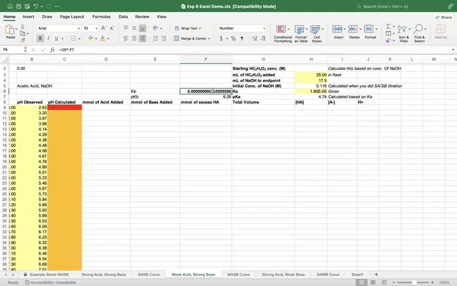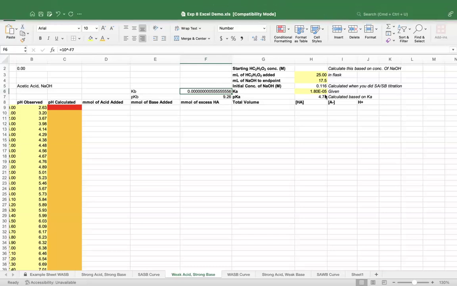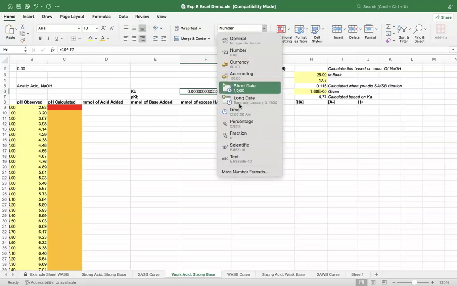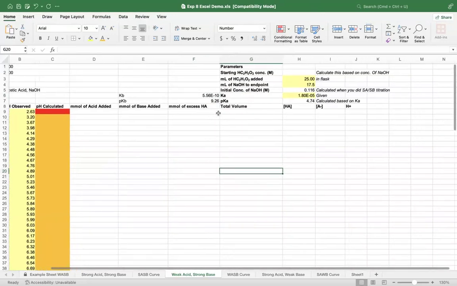So we have that. Let's see, can I make that scientific notation? It's a little nicer looking. All right. I think those are all the numbers.